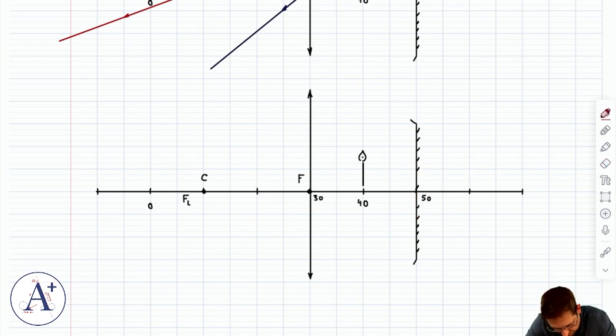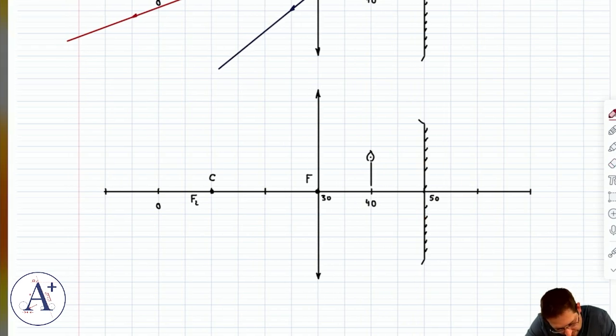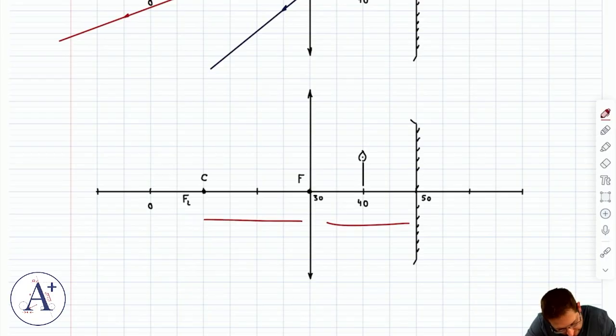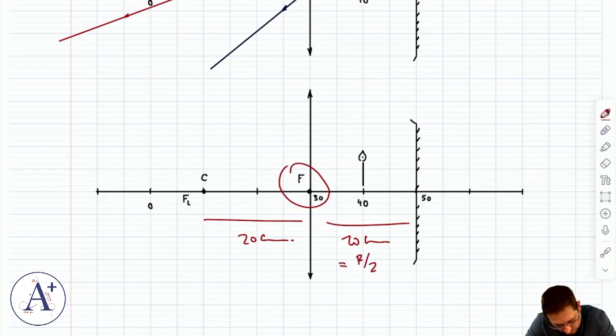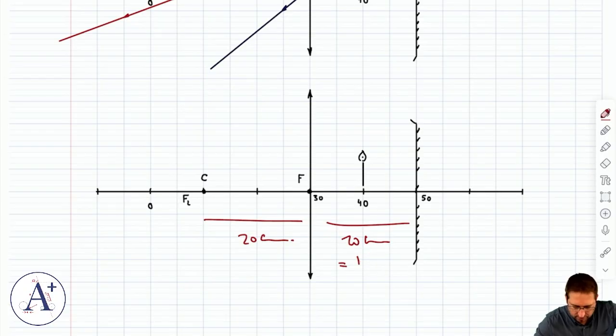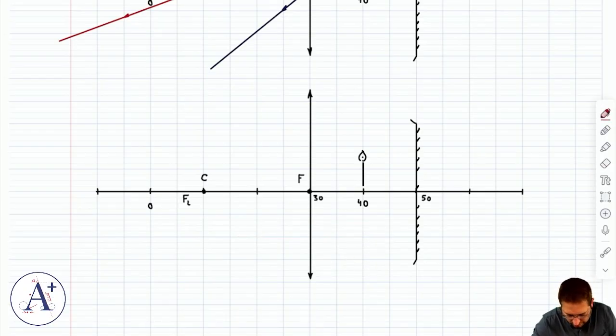Let me not destroy my drawing here. This is 20, this is 20, okay? 20 centimeters, 20 centimeters. And that's going to be r over 2. So the focal point of the mirror is right here at the center of the lens. Okay, so fair enough. That's where the focal point of the mirror is.